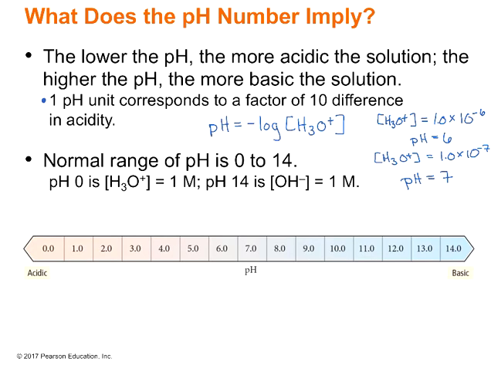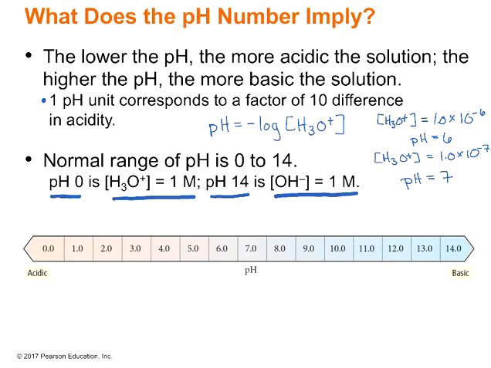Now, the normal range for pH values is 0 to 14. So if we have a pH value of 0, that would correspond to a hydronium ion concentration equal to 1 mole per liter. And then if the pH is equal to 14, that means we have a hydroxide ion concentration equal to 1 mole per liter.